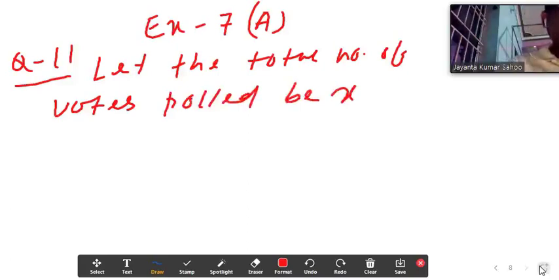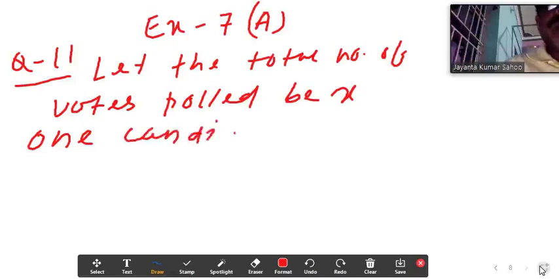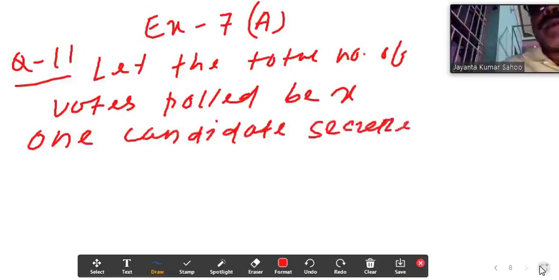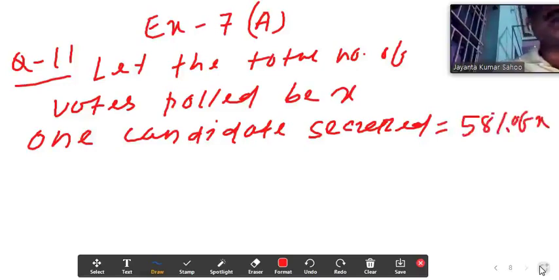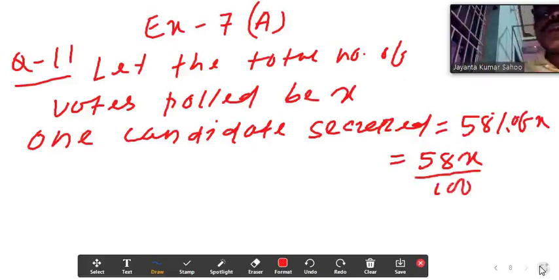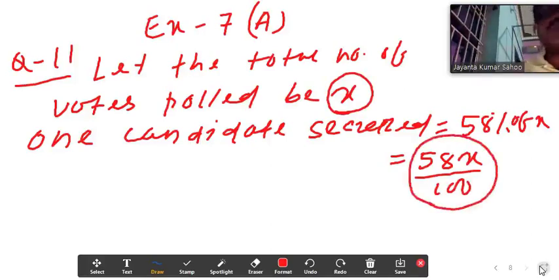One candidate secured 58% of X. We can write this as 58x by 100. Then the other candidate's total votes polled, that is X minus 58x by 100, since one candidate secured 58% meaning 58x by 100.